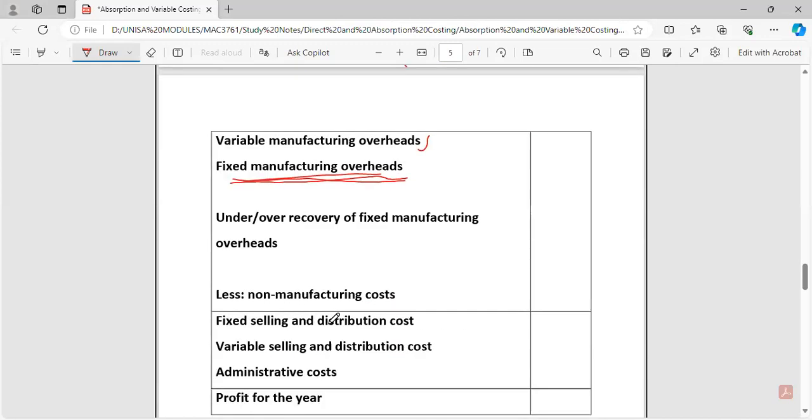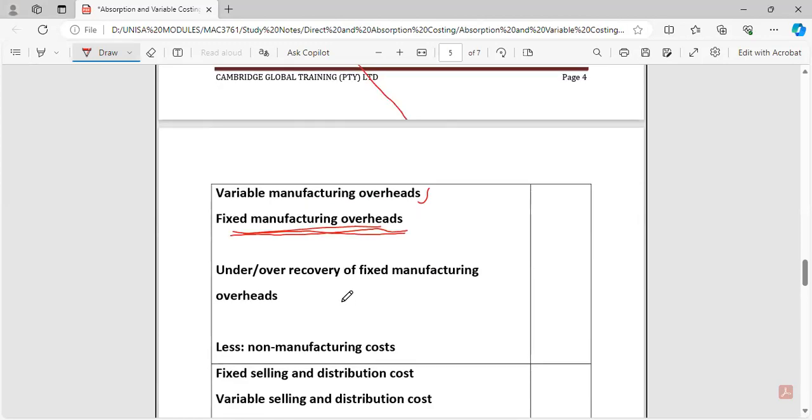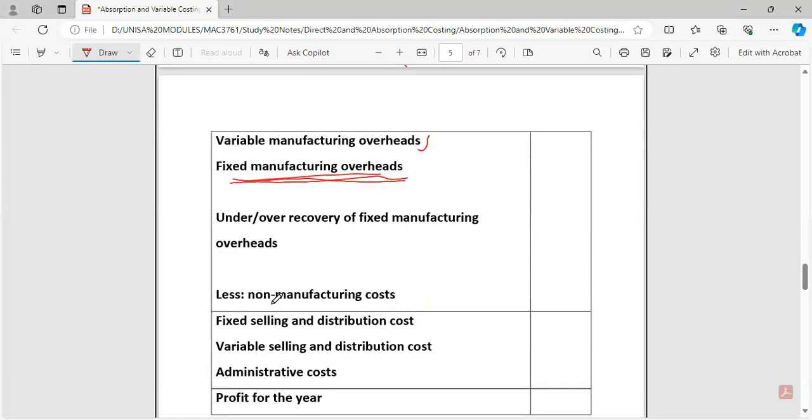Right. So the other difference that I was trying to point out is here. If you check in our direct costing, we don't come here and say less non-manufacturing cost. Here we say less fixed cost. So you can see here in absorption costing, whether a cost is variable or fixed, as long as it is a non-manufacturing cost, it is going to be a period cost, which is going to be an expense.